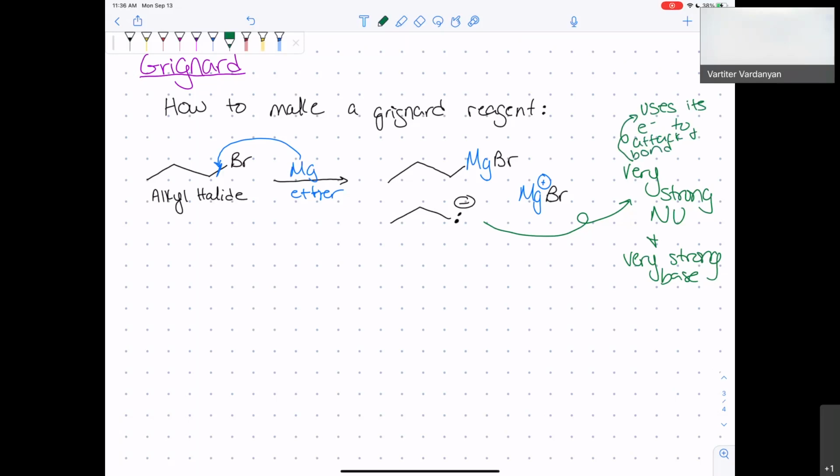What this means is it's attacking another molecule and bonding to it. So it's adding itself to another molecule. Versus a base is using its electrons to steal a hydrogen. That's the difference between a nucleophile and a base.